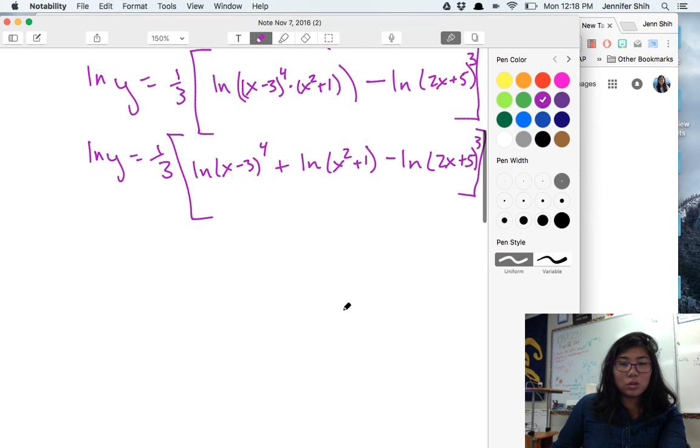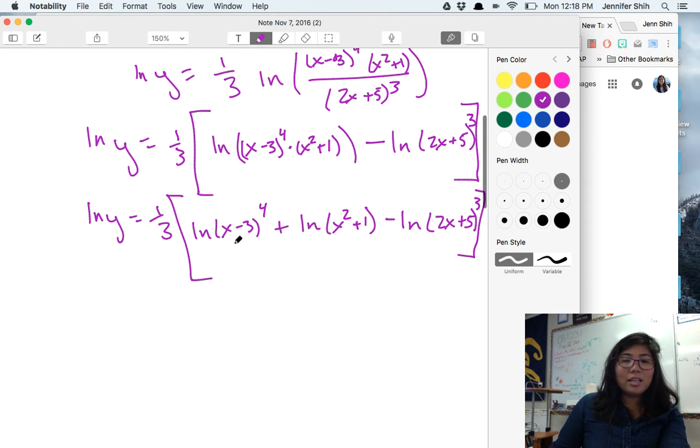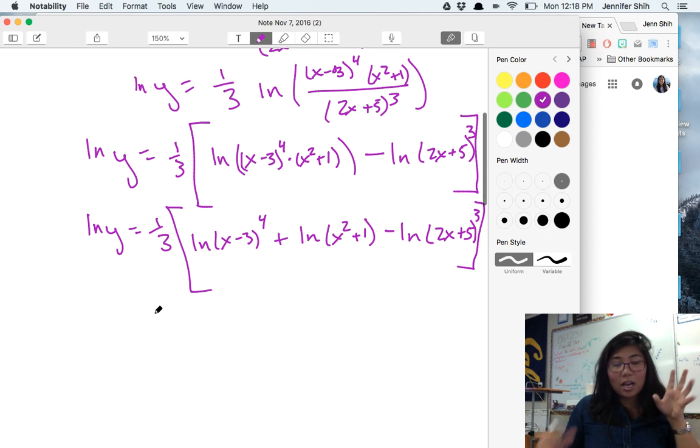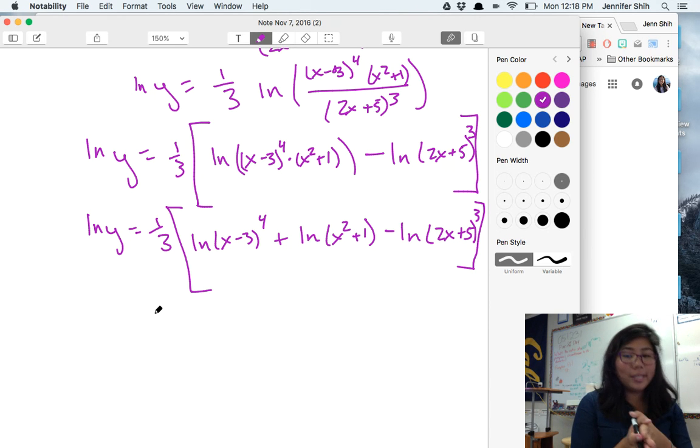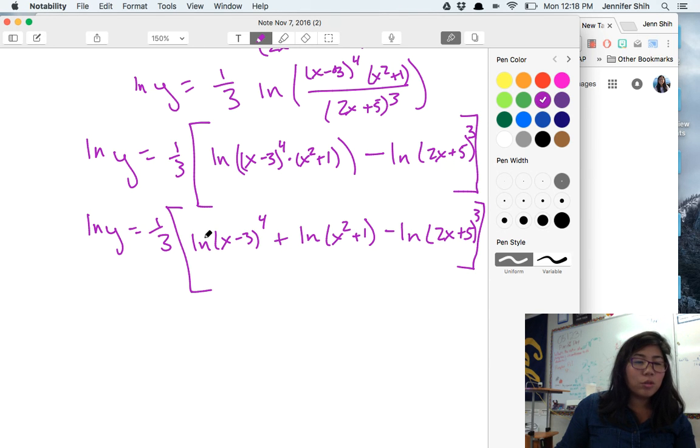So now what this allows me to do is take the derivative using implicit differentiation. We just did log differentiation, and part of log differentiation is implicit differentiation. What I'm going to do is distribute this 1/3 just to break off my brackets.